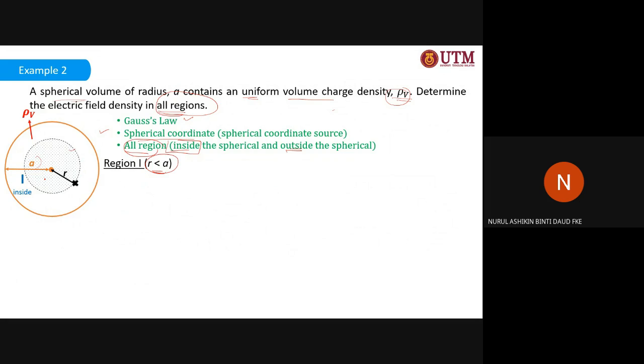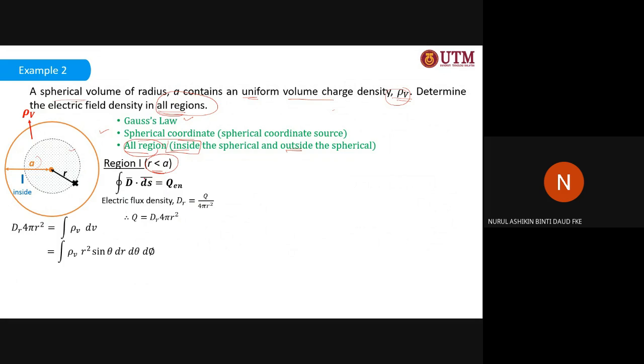Okay, now these are the formulas that I have mentioned earlier. We know that the electric flux density, which is Dr, is equal to Q over 4 pi r squared, which we derived in the previous slide, right? And from this we can rewrite Q as equal to Dr times 4 pi r squared. So what is left behind is the charge.